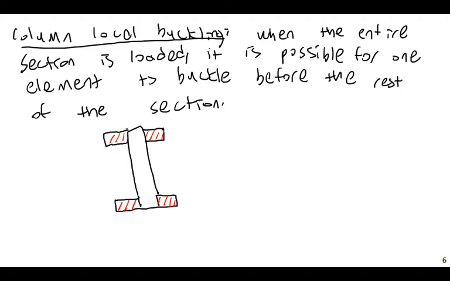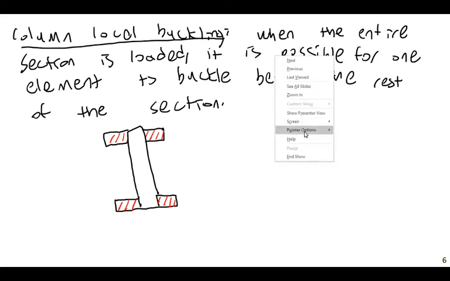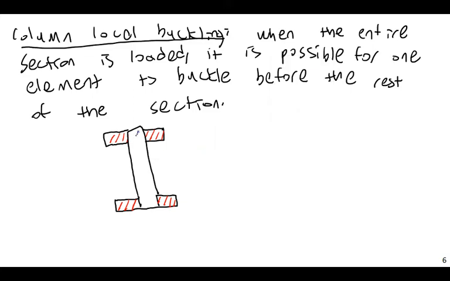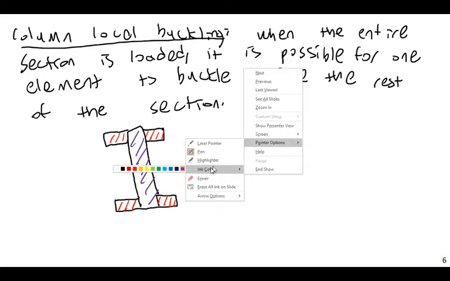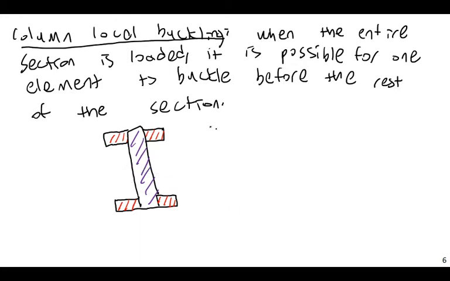Okay, I have a mutated W section now. But we can still see the 5 elements. So basically I have 4 cantilevered flanges and the center web. A W section is basically 5 independent columns.